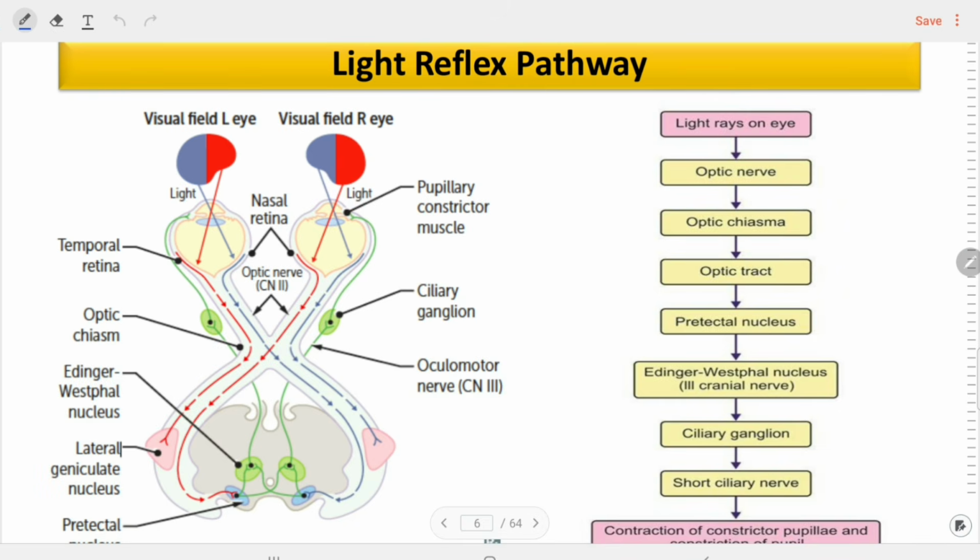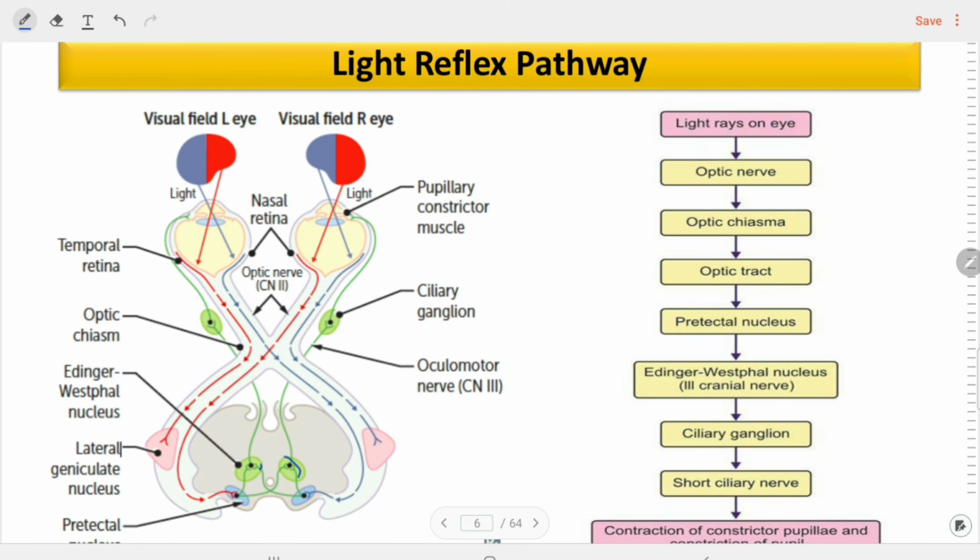Another important thing that we have to understand here is the light reflex pathway. So when light rays come to our eye or to the eye of a rabbit, they go to the optic nerve, going through the optic chiasm, then the optic tract, and come to the pretectal nucleus. From the pretectal nucleus, fibers go to both sides of the Edinger-Westphal nucleus, and a reflex is generated through the short ciliary nerve with an effect on the M3 receptors present in the sphincter pupillae muscles.